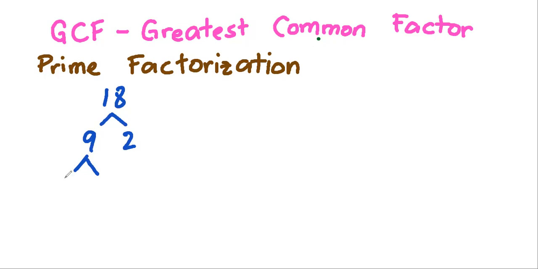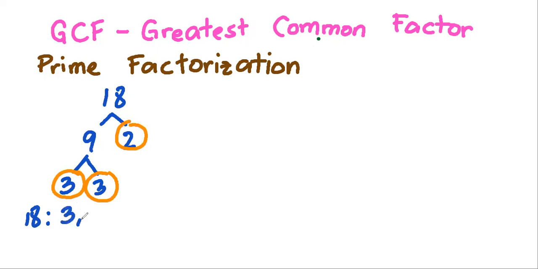So that is 3 and 3, because 3 times 3 is 9. We can encircle the prime numbers. So we have 3, 3, and 2. So the factors of 18 are 3, 3, and 2.